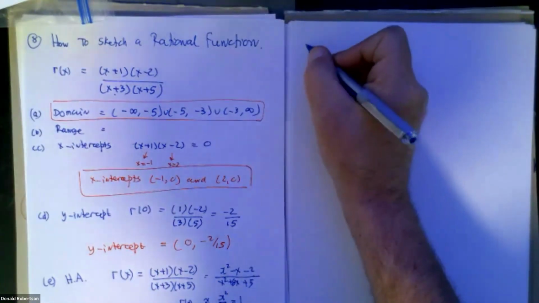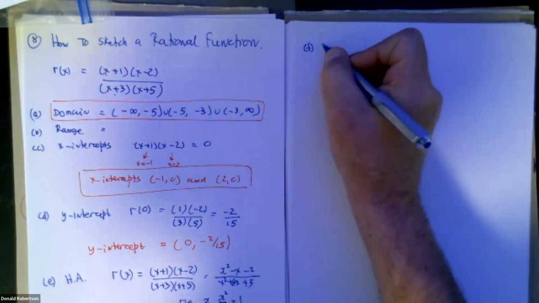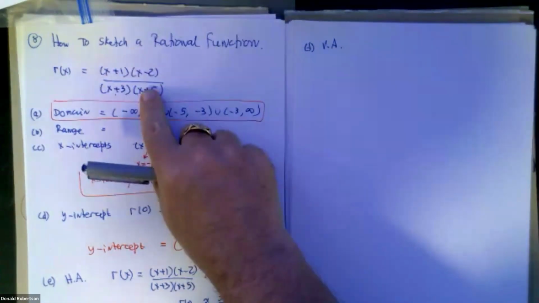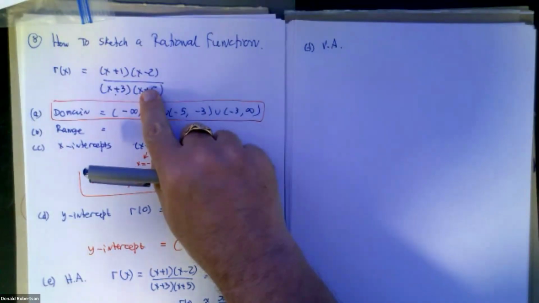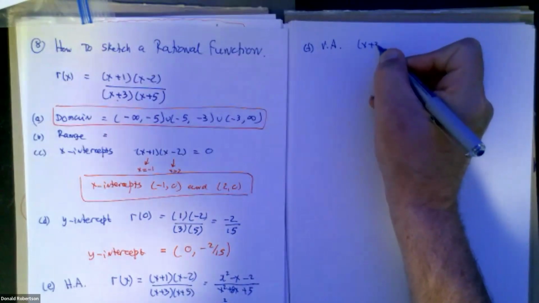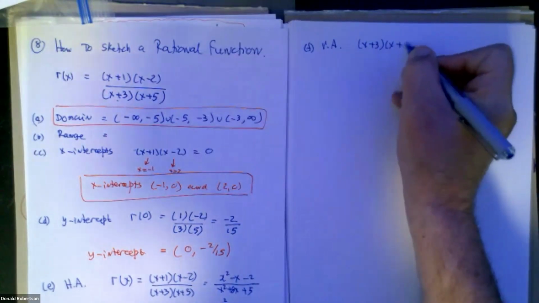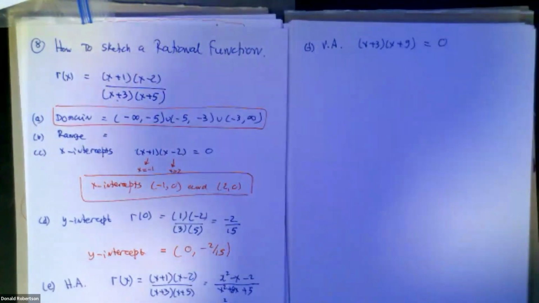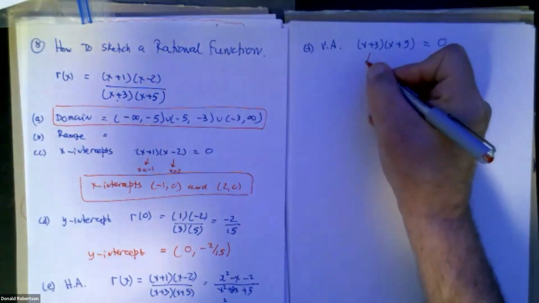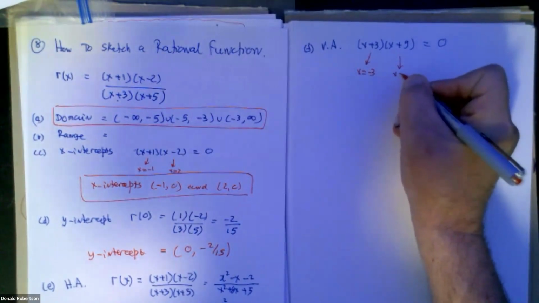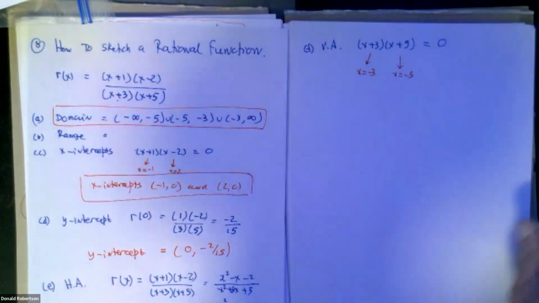Now to do the next one, let's find vertical asymptotes. You take your rational function and you find out for what values of x the bottom is 0. And that gives me 2 of those.